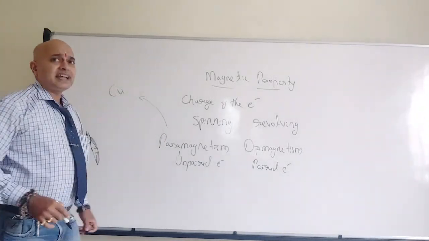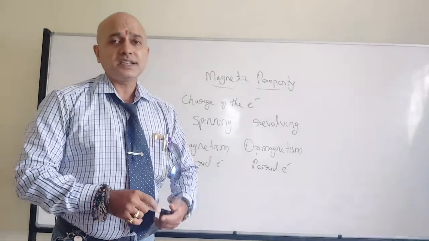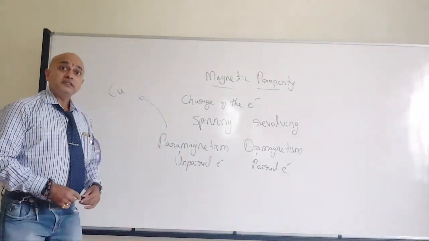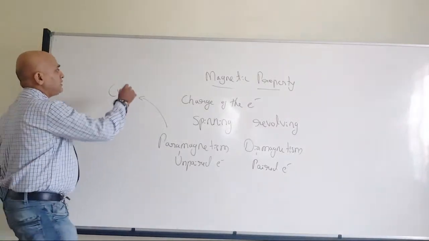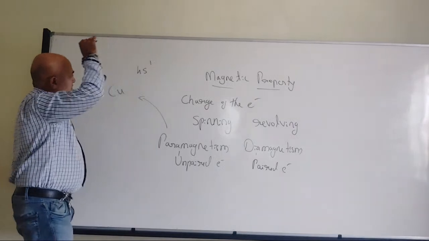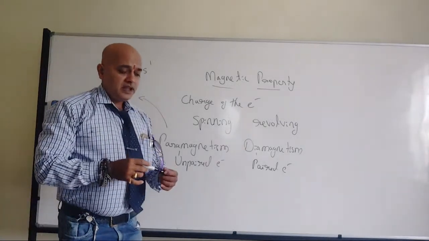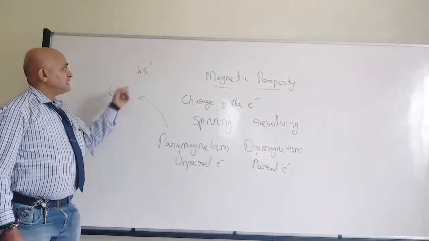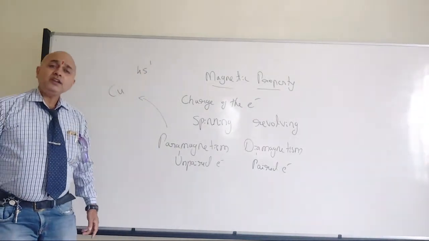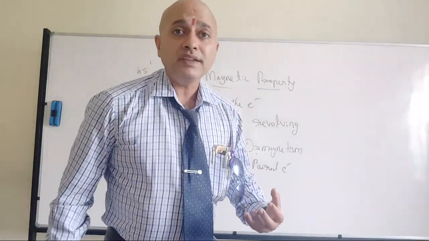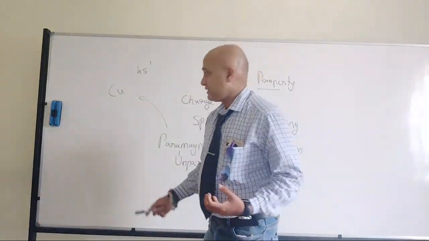Copper is normally considered diamagnetic, not paramagnetic, although the outermost electron of copper is 4s1. So one electron is present in copper. Then why is copper not behaving as a paramagnetic element?